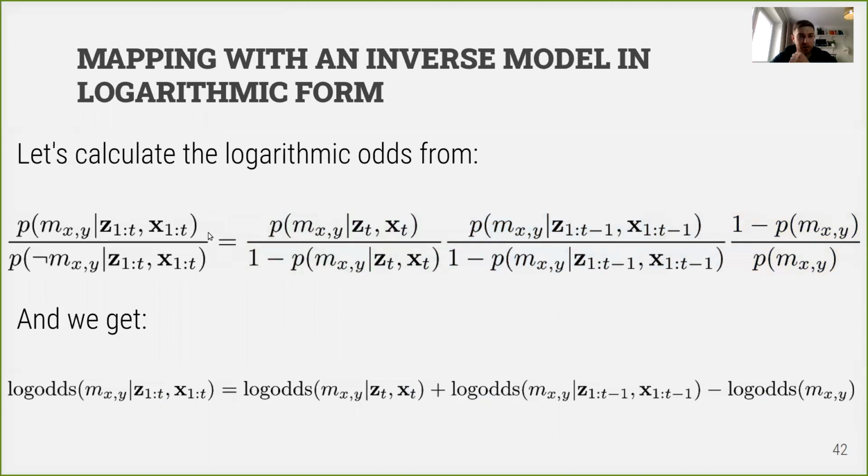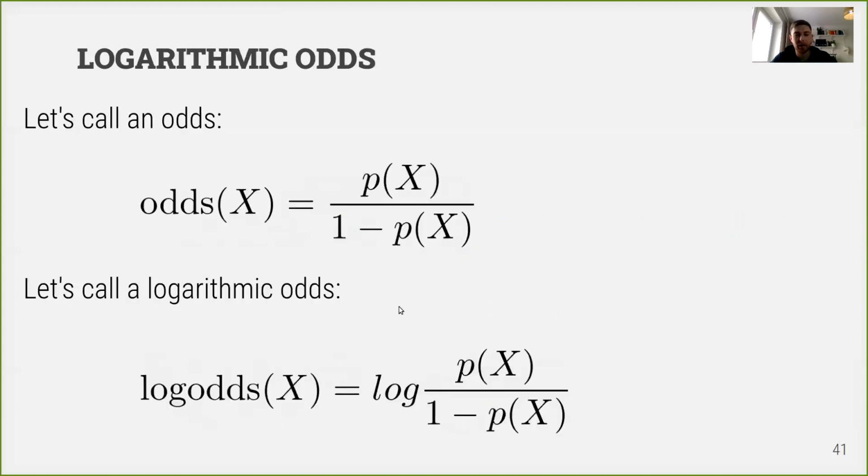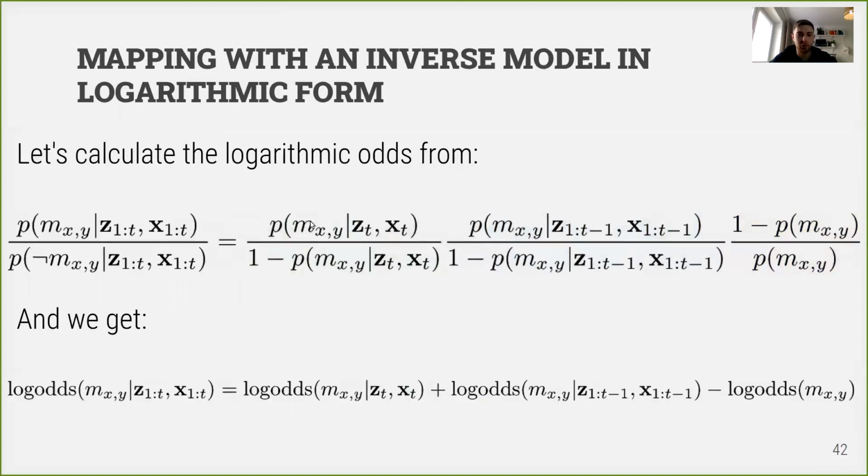So we can use this mathematical notion to perform something with our equation to make it simpler. So this is odds, and this is 1 divided by odds, basically. And if we calculate logarithmic odds from each part of this equation, we will get something.